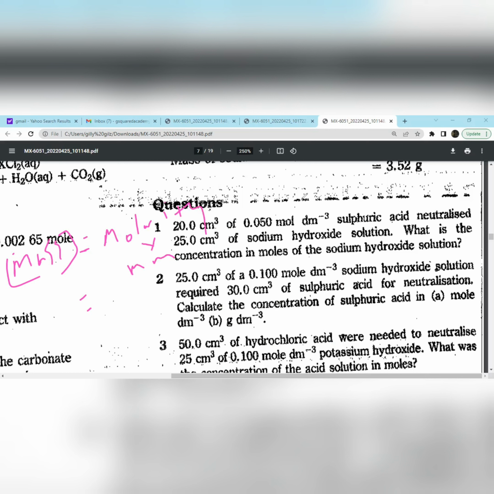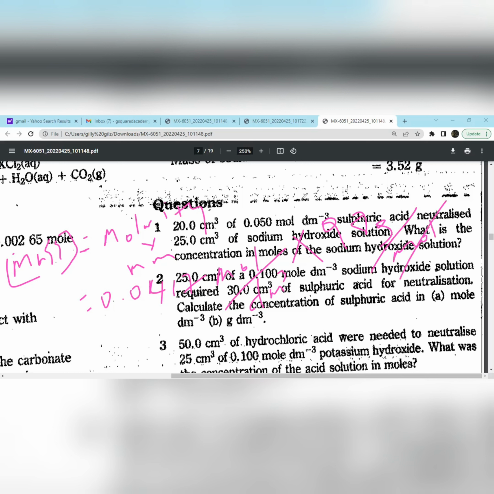So we're trying to find mass concentration, which is the grams per liter. So what was the molarity? 0.0417 moles over dm cube, times the molar mass of sulfuric acid, which is 98 grams over mole.